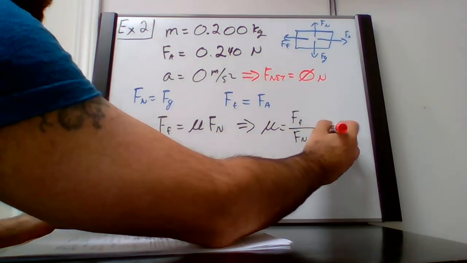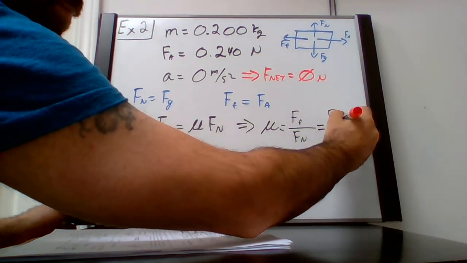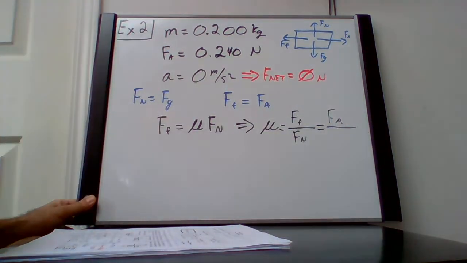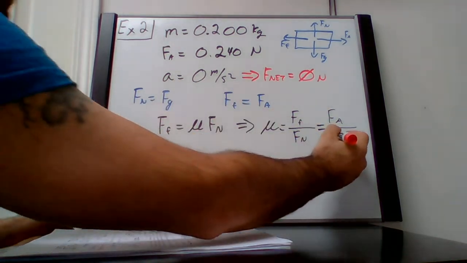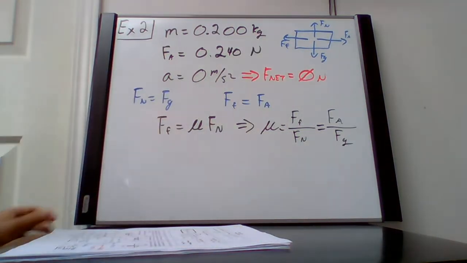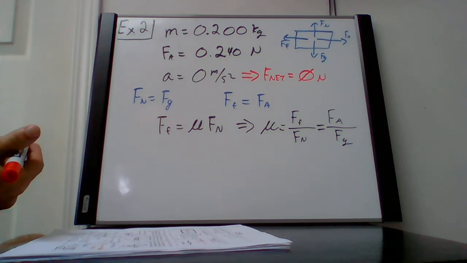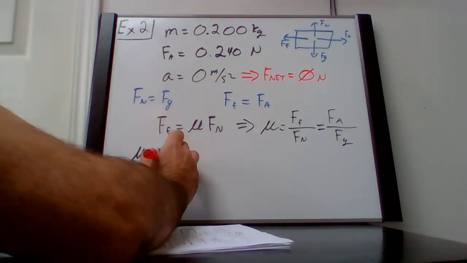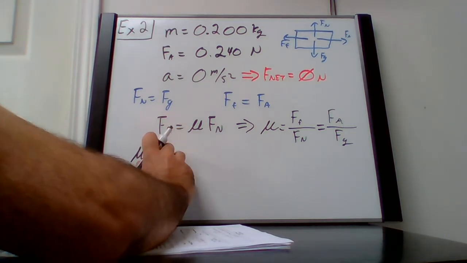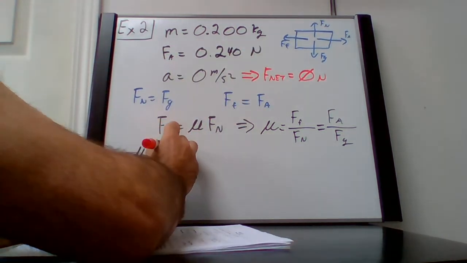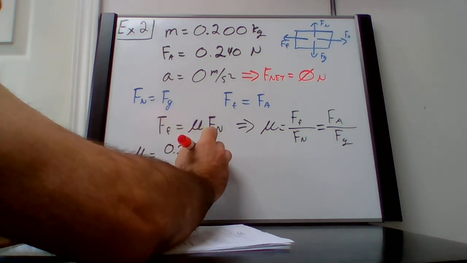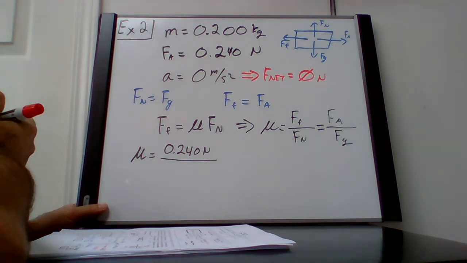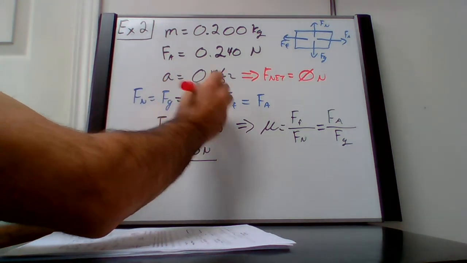Well, we don't have a force of friction, but we have our force applied, and we know that since F net equals 0, these two are equal, so I can change that one. And I also know that my Fn equals Fg. I can plug that one in here. So when we go to solve this then, my mu equals my Fa, 0.240 newtons, divided by my force of gravity. Well, this is just mg.